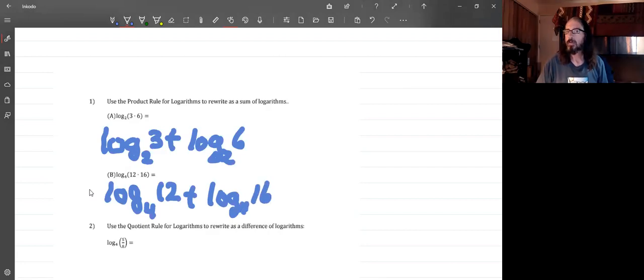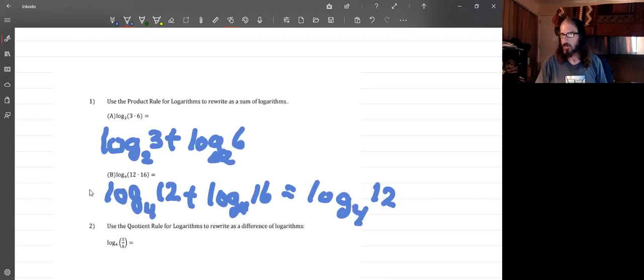Now this one we can go a little bit further. You may or may not have to on your online homework system. There's no nice integer power of 4 that would give you 12, but since 4 squared is 16, you may need to rewrite this as the log of 12 base 4 and then plus 2.